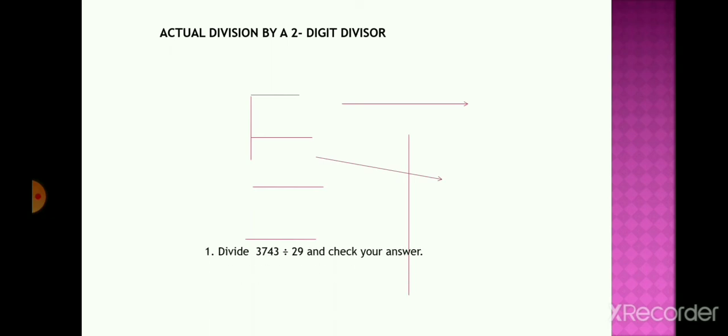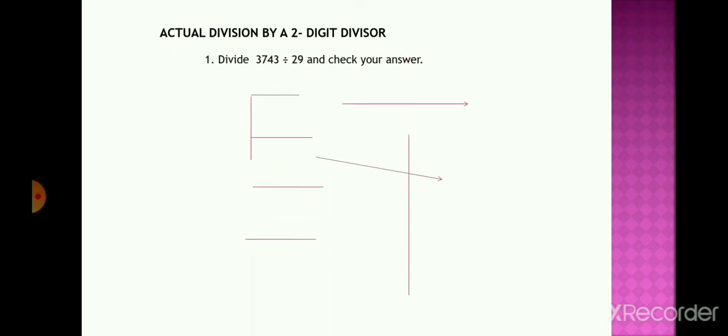Let us try another problem by 2-digit divisor. Divide 3743 by 29 and check your answer. Dividend is 3743. Divisor is 29. Children, we do not know the table of 29. Now we are going to use the method of estimating the quotient.